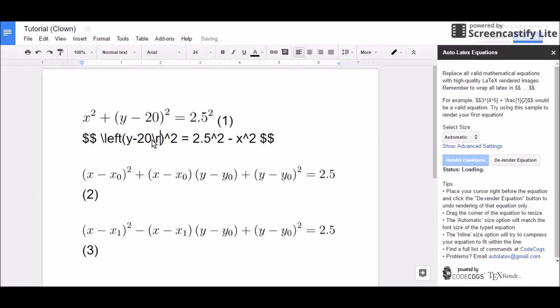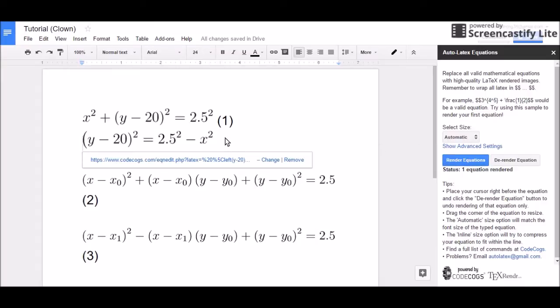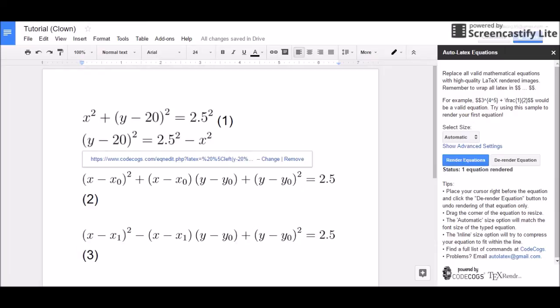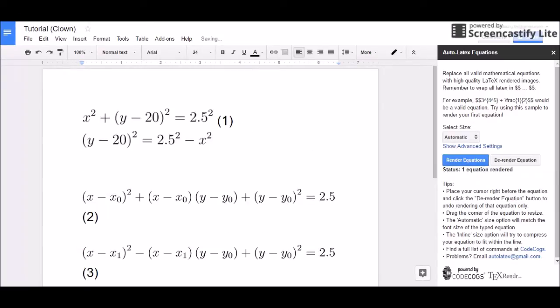And I made a mistake. Make sure it's still working. All right, and then afterwards, we'll take the square root of both sides.